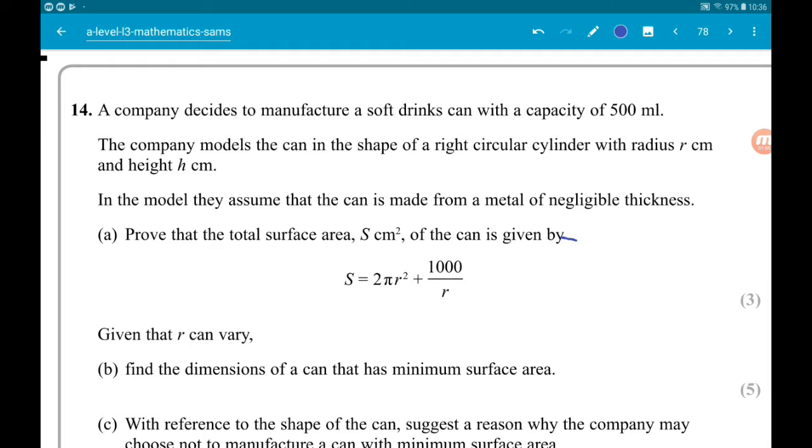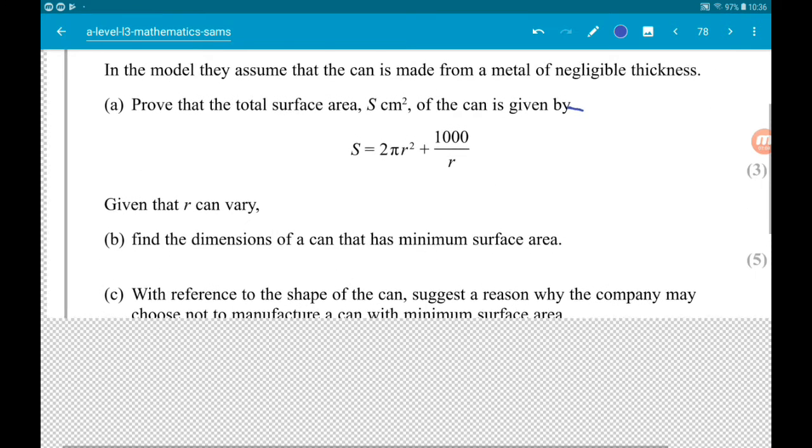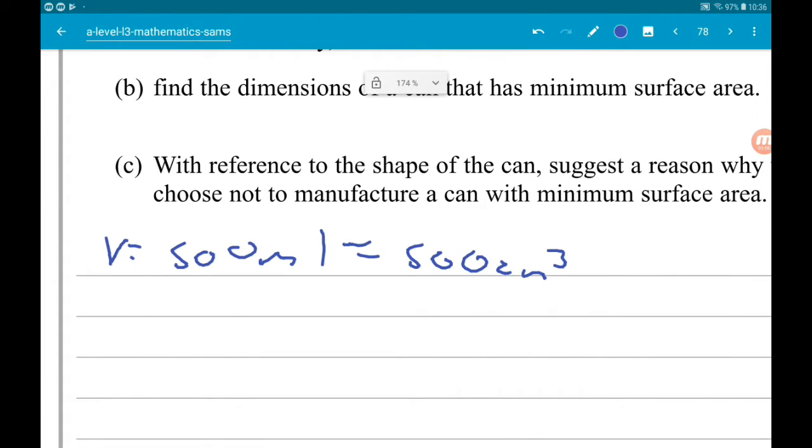Now to do that we use the volume of the can. So the volume of a cylinder is pi r squared h.